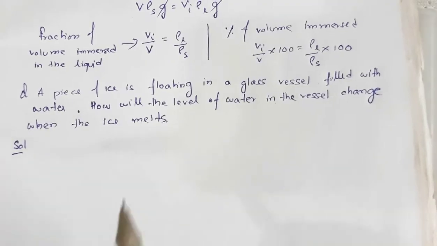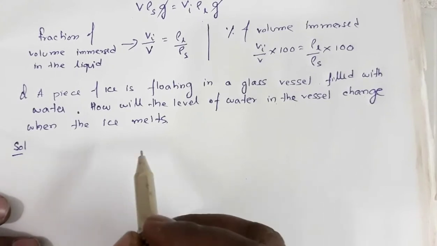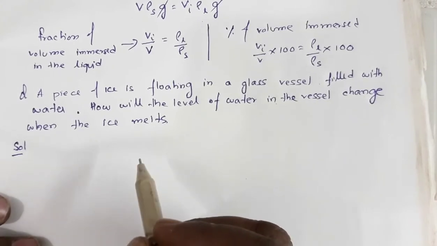Now suppose we are given this question: a piece of ice is floating in a glass vessel filled with water. How will the level of water in the vessel change when the ice melts? So in this case, let's say m is the mass of the ice.